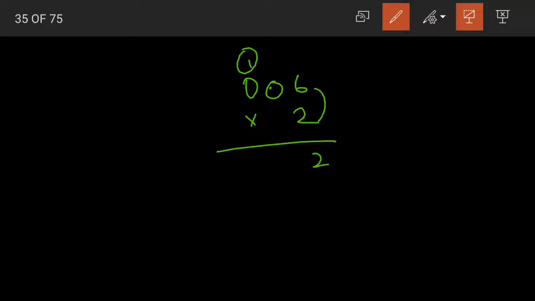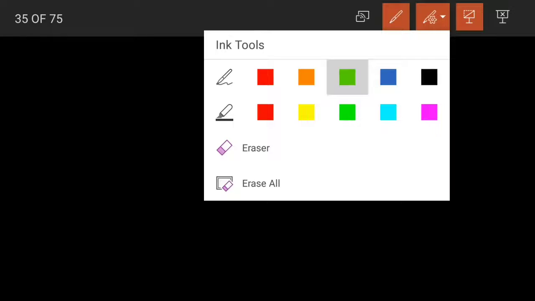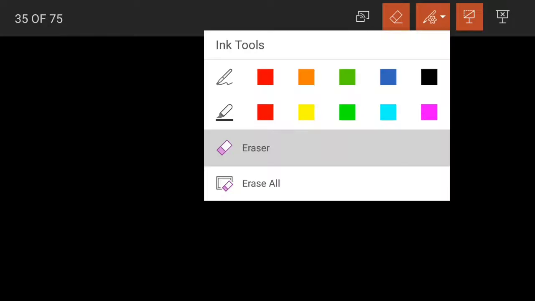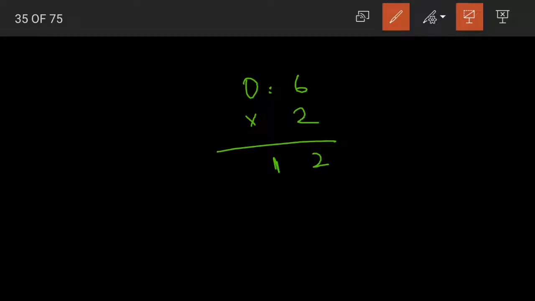Understood, children? Let me explain again. 0.6 into 2, right? Forget about this point for now. 2 6s are 12, 2 here 1 carried, 2 zeros are 0 plus 1 is equal to 1. Now we have multiplied normally as we do for whole numbers. But in the question, in 0.6, we are having a point after one digit from right side.